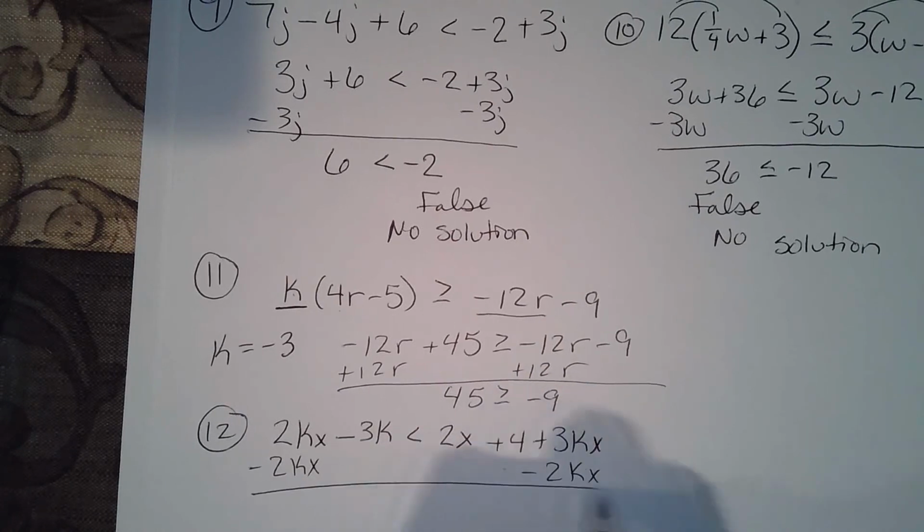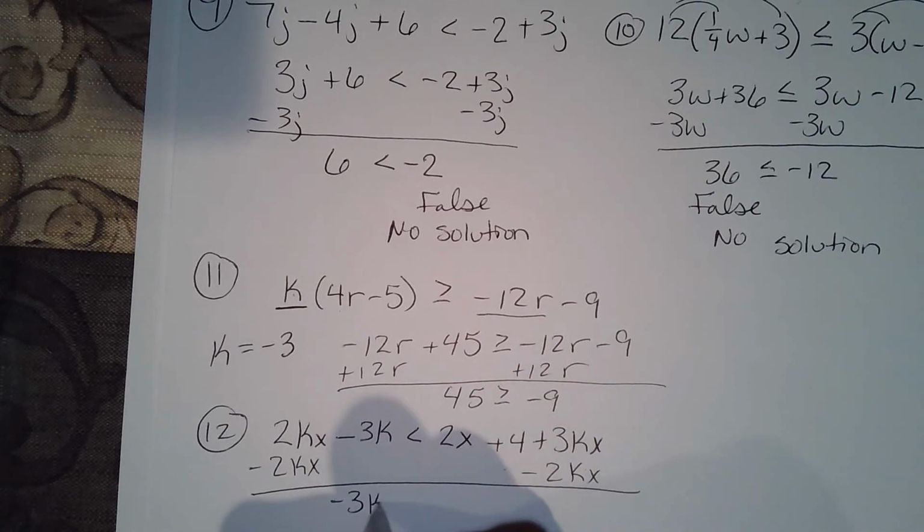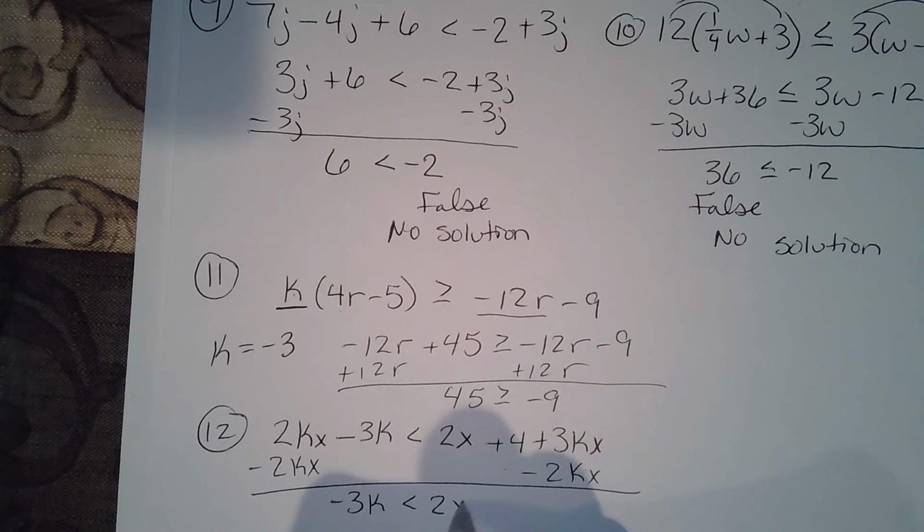So I get negative 3k is less than 2x plus 4, and this is going to be 1kx. So now let's do it this way. What can we multiply by? Well, if we put in a 1, that's not going to work, because 1's just going to keep it. Negative 3, this right here is not going to cancel out. So we want something that's going to cancel out.